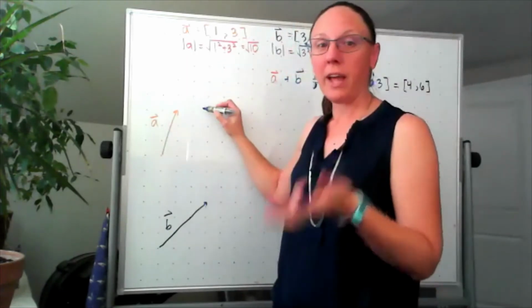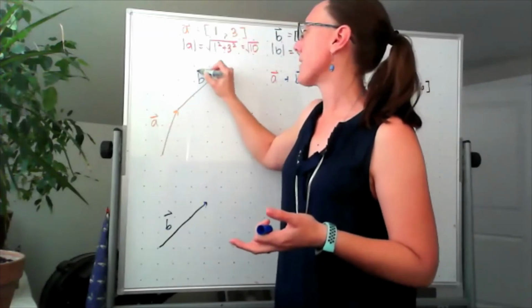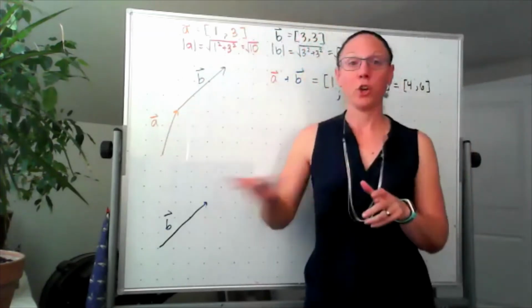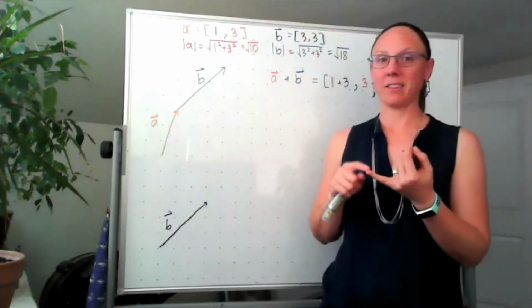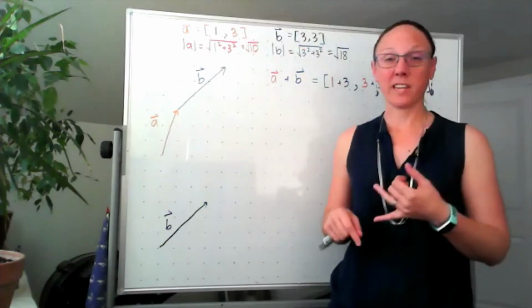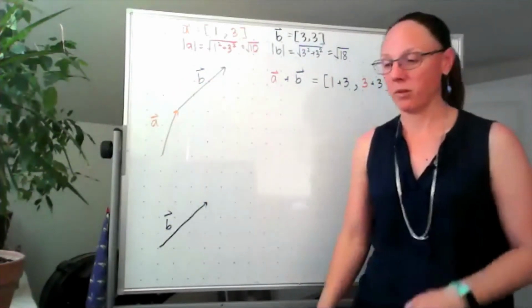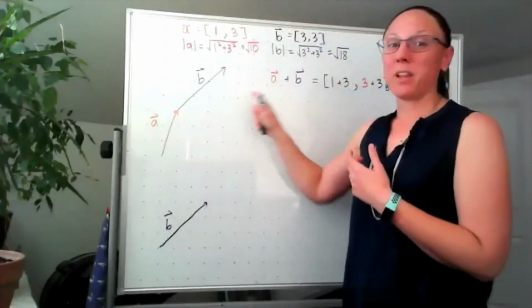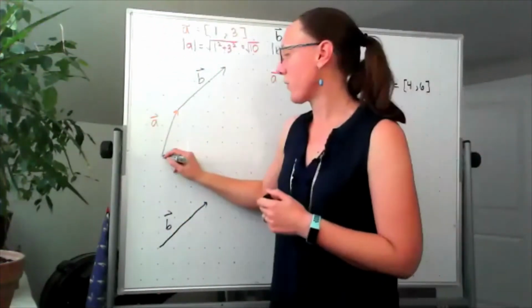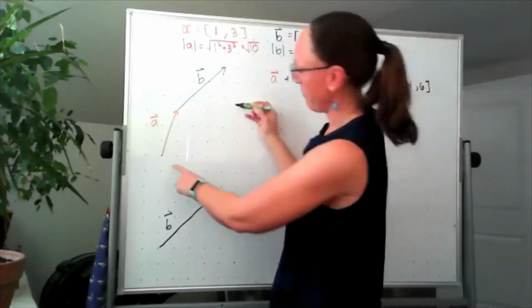Because remember, anytime we have a vector, it is the same vector no matter where I put it, because the vector is defined by the length and the direction. So as long as I keep the length and the direction the same, I have the same vector. So the vector A plus B goes from the tail of A all the way up to the head of B.